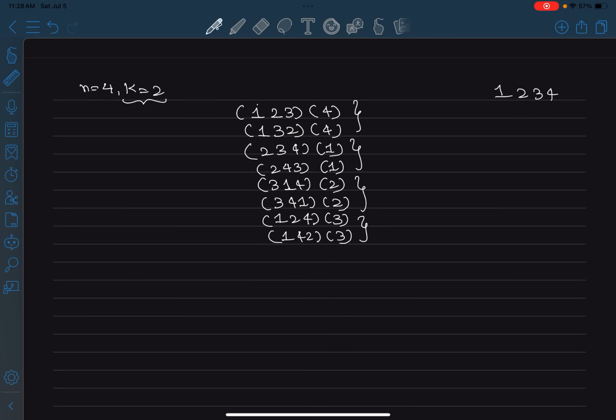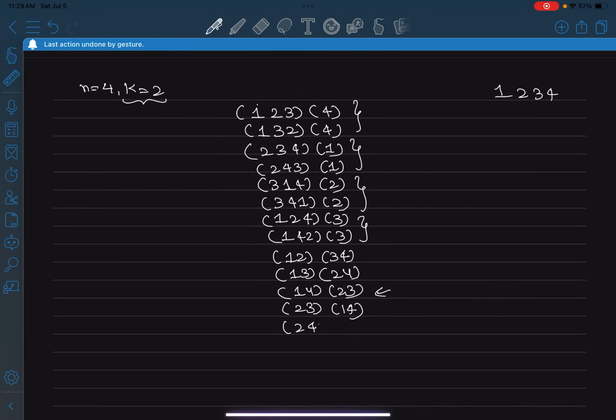And there are also other ways to create 2 cycles. I can have something like 1 2 and 3 4. I can have 1 3 and 2 4. I can have 1 4 and 2 3. Maybe you might want to write 2 3 and 1 4, but that's already over here. Maybe you want to write 2 4 and 1 3, but that's already over here.